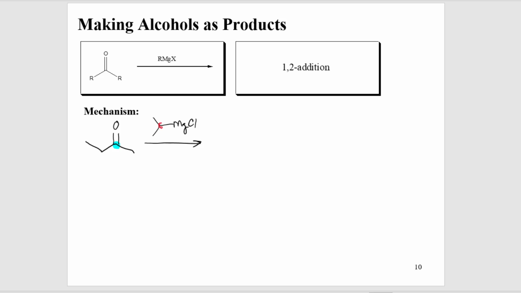This carbon right here is full on negative. Again, you can get rid of that bond and say this is just my counter ion, chlorine minus, magnesium 2 plus. So you don't have to pay too much attention to that. The carbon minus is what's going to attack in an in-up fashion.